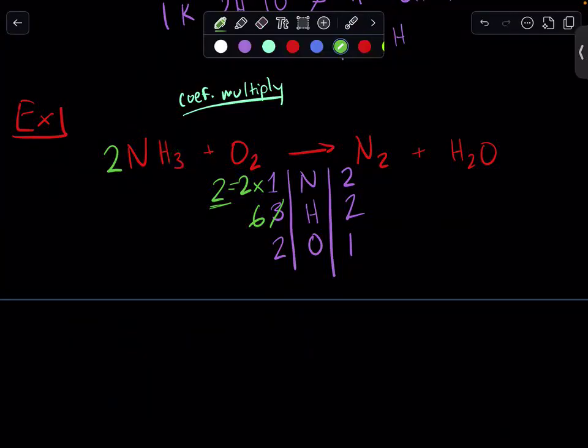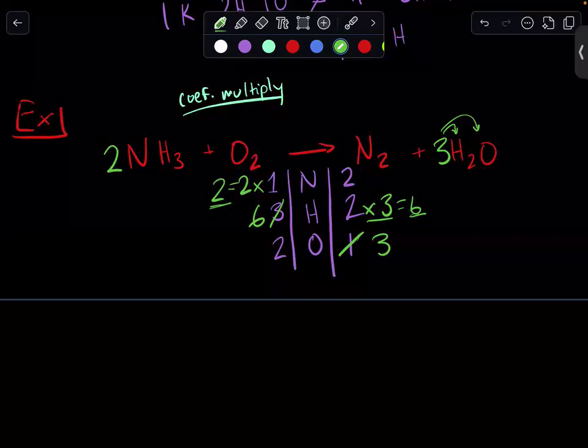So I'm going to do the same thing now on this line. I notice that 2 times 3 equals 6. So I'm going to take this 3 and multiply it by our H2O. 3 applies there and we get our 6, but 3 also applies here, turning this 1 into a 3.